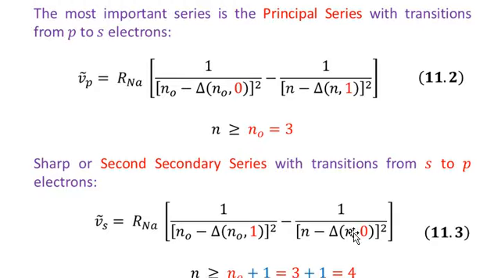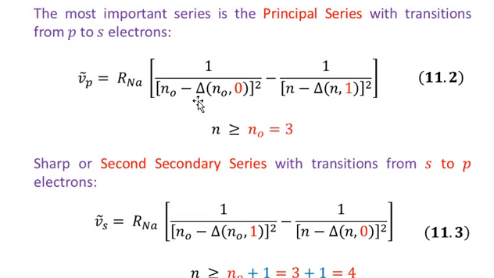And the formula for the principal series is this: nu p, in terms of the wave number, is equal to the Rydberg constant of the sodium atom, and within the square bracket we have 1 over the square of n naught minus delta, where delta is evaluated for L equal to 0, and then the second term, which has 1 over the square of n minus delta, for L equal to 1.